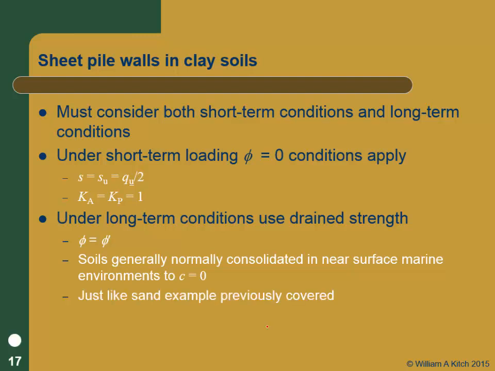So in that case, the long-term condition just looks like the condition we just did for cohesionless soils, because you basically have a cohesionless, normally consolidated clay. You just have to use the internal friction angle of the clay. So that looks like the example we just did. And that's actually really common to do, because lots of times when you're doing these things in clays, it's in a marine environment and the soils are normally consolidated.